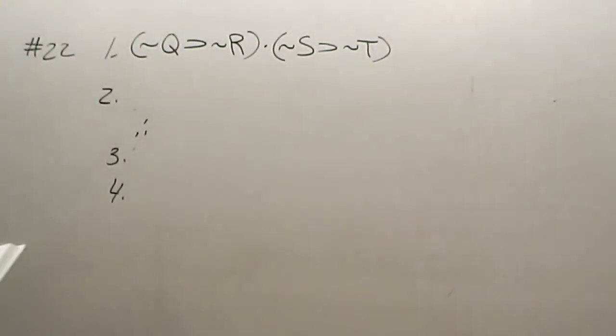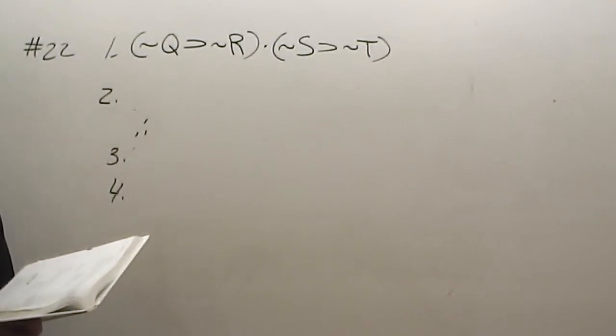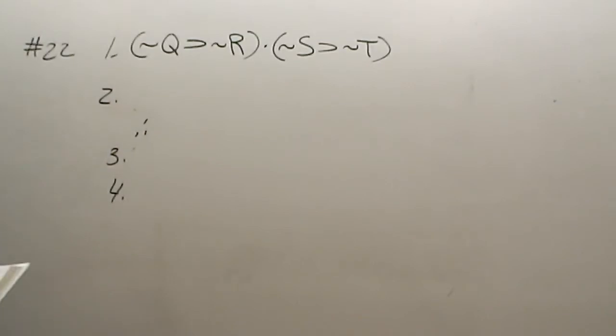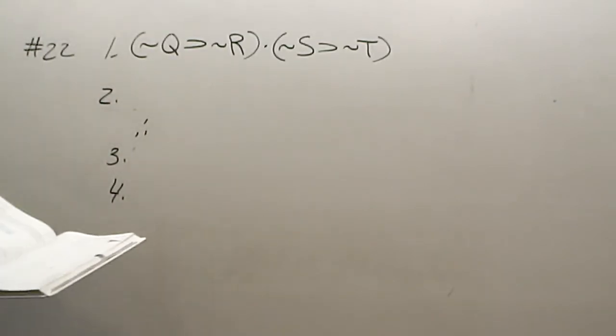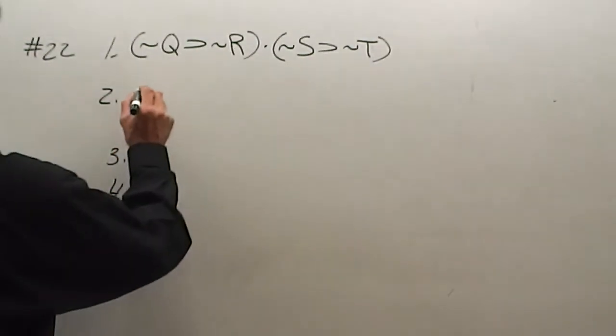Well, we have a conjunction of 2 horseshoes. Maybe we should consider, like back in the old days, either simplification or constructive dilemma. Right? As a conjunction, it's subject to simplification. Conjunction of 2 horseshoes, constructive dilemma. Let's see how it plays out.